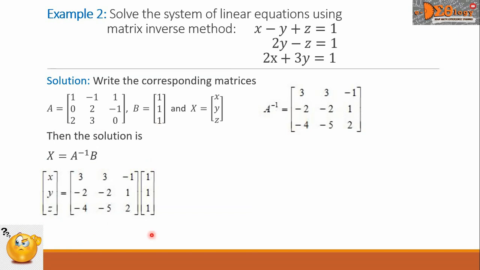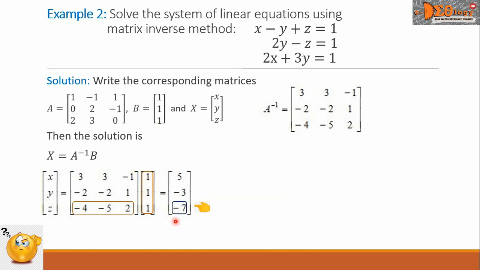Simplifying the product, we have now the value of the matrix X to be 5, negative 3, negative 7. Remember that we get this 5 when we multiply this row by this column. We get negative 3 when we multiply this row by this column.